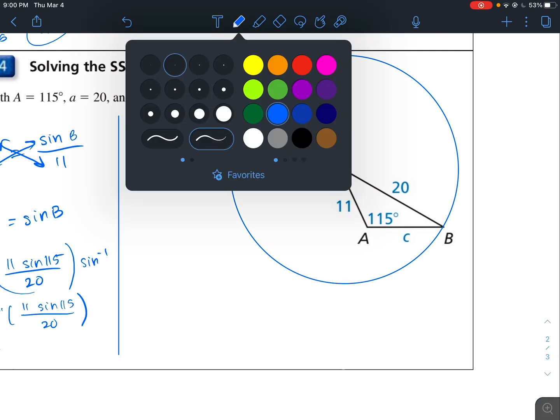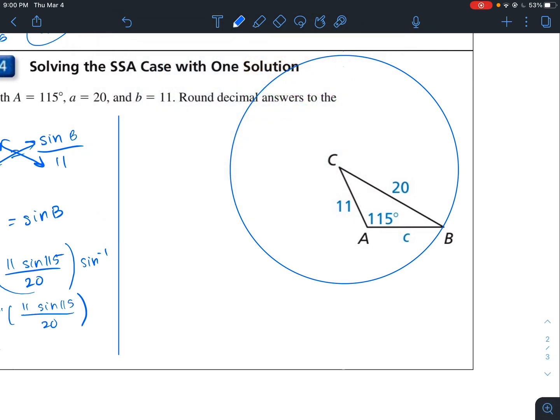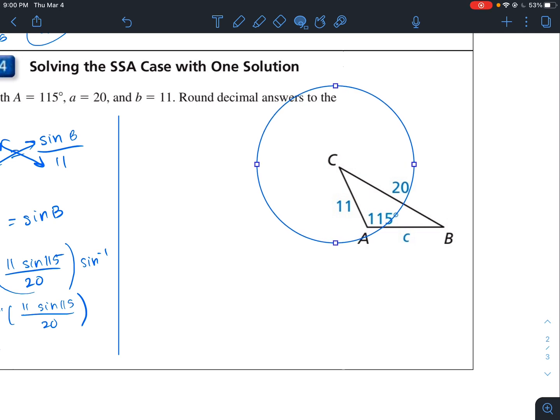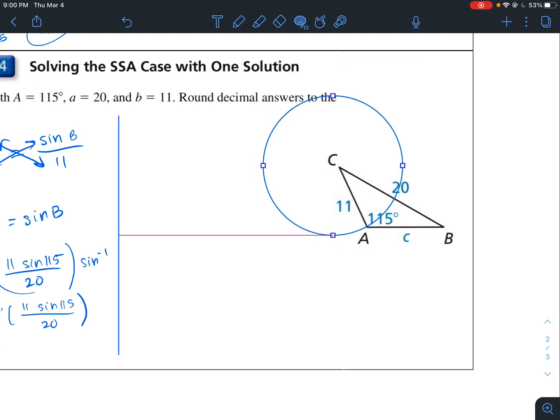So let's say that this circle right here is my side length of C, or I guess I should do it of A. So let's say A. Notice that with this side length and this triangle, I can only make one triangle with this side length as 11.